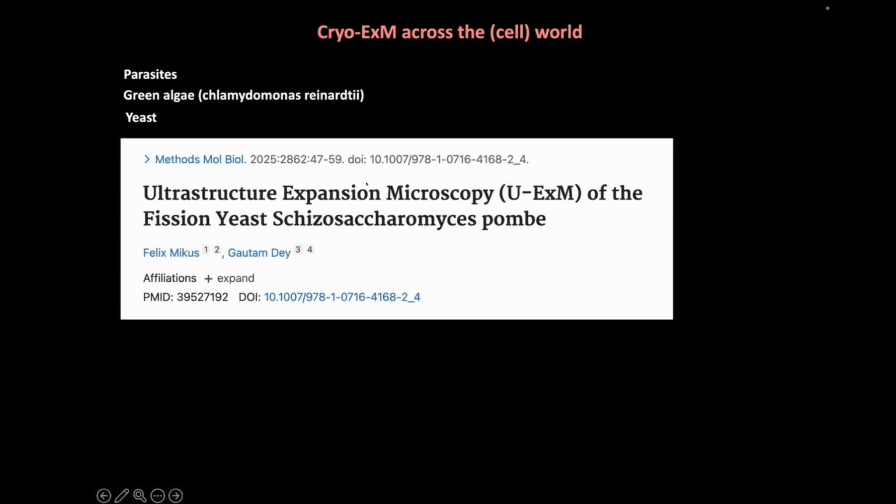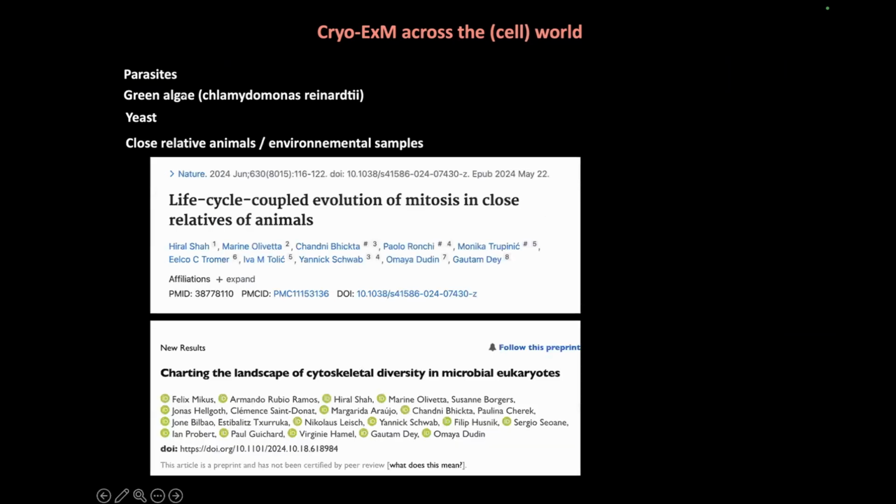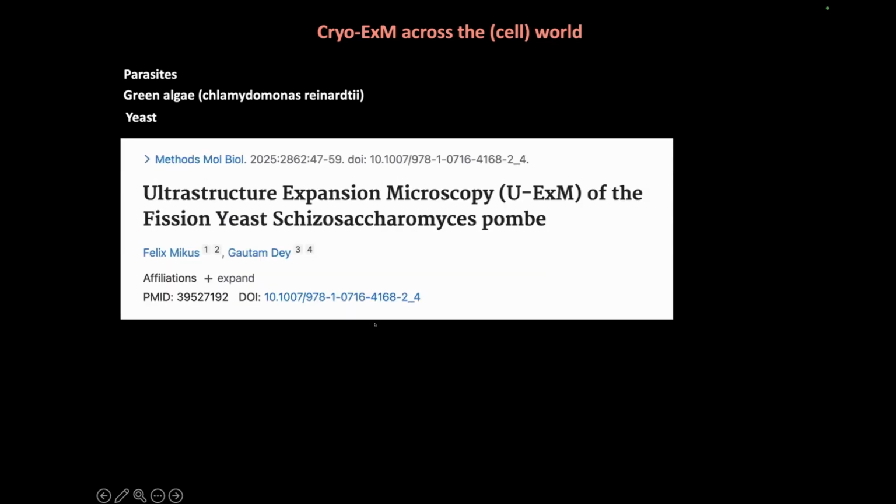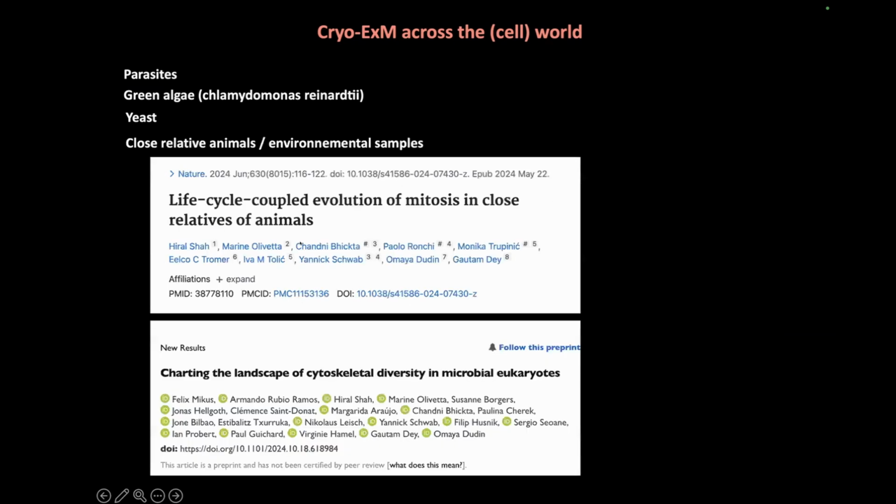Other papers on yeast, of course, not now. I guess that people will continue to use this because it's pretty convenient. And two papers on close relative animals and environmental samples. Something I didn't mention, but regarding the yeast and these close relative animals, the use of the manual plunger is rather limited because the samples are a little bit too big or they have a shell that is sometimes difficult to cryofix.